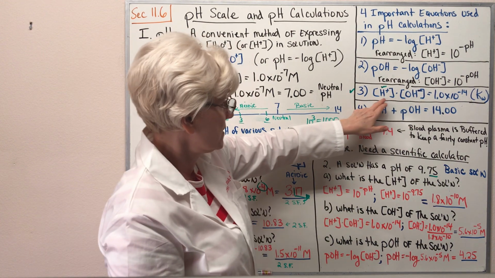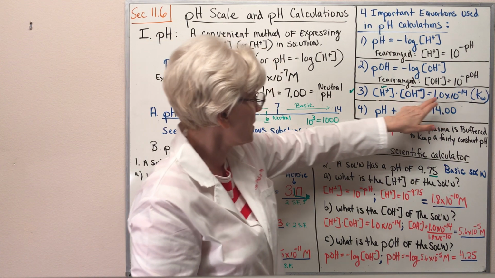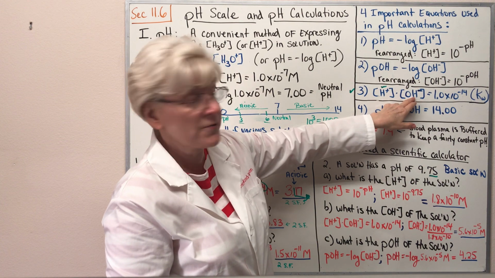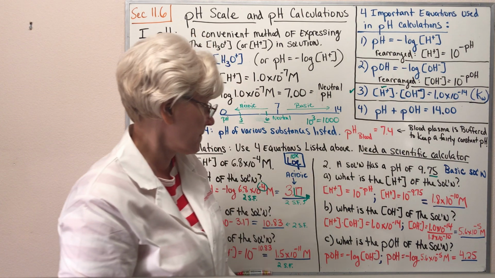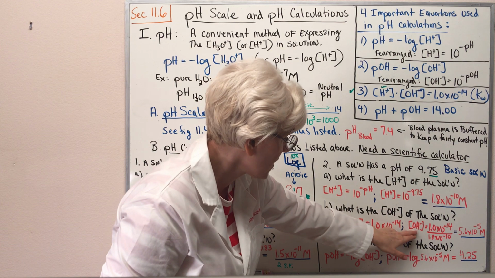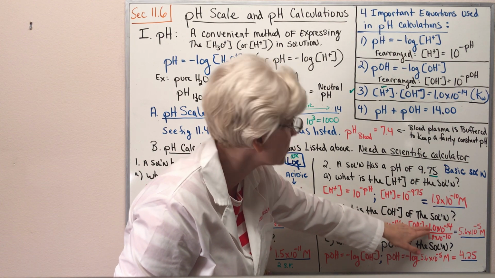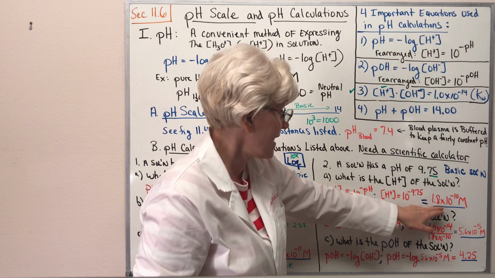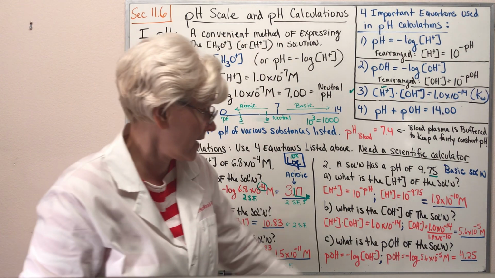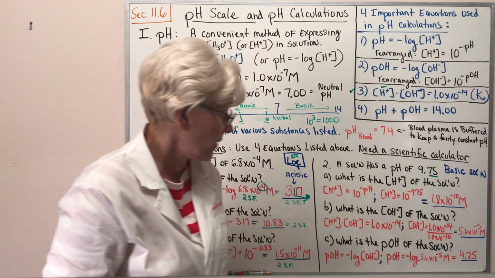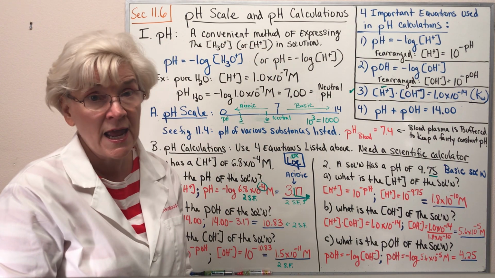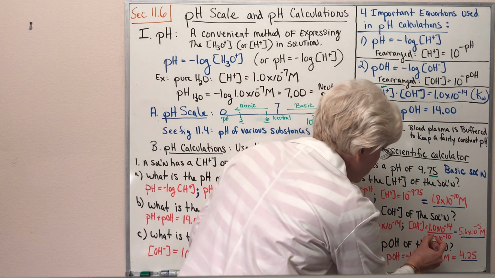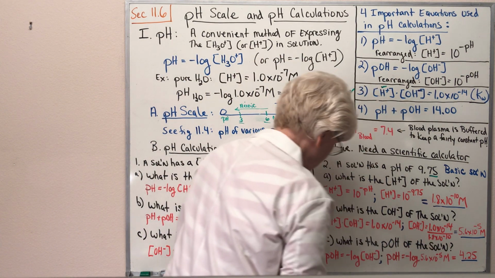All you have to do is divide both sides of this equation by the hydrogen ion concentration to solve for the hydroxide ion concentration. So here we have hydroxide ion concentration is equal to 1 times 10 to the minus 14 divided by the hydrogen ion concentration of 1.8 times 10 to the minus 10 molar. And again, this is one of the few times where units are not included in the setup.